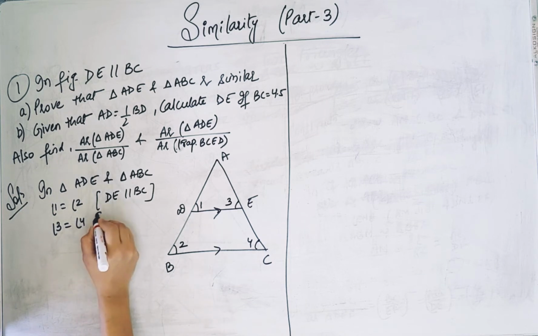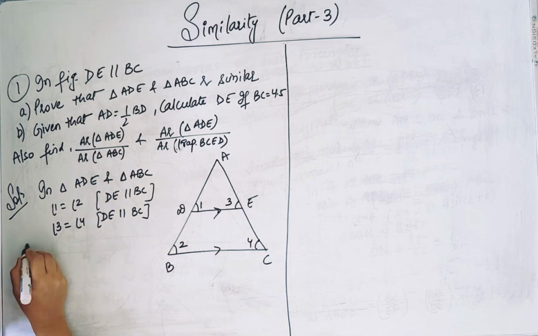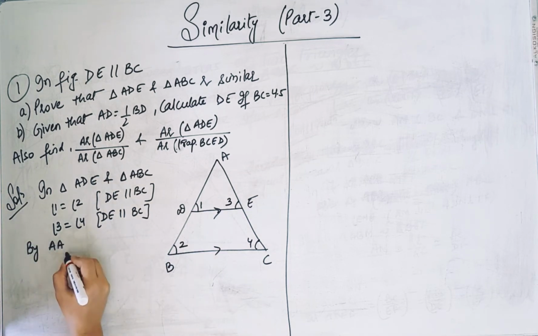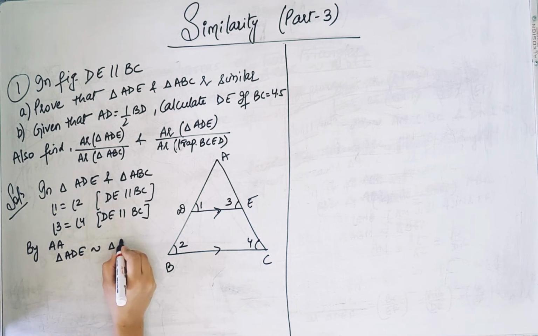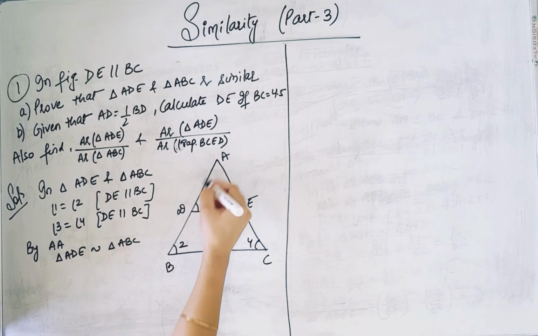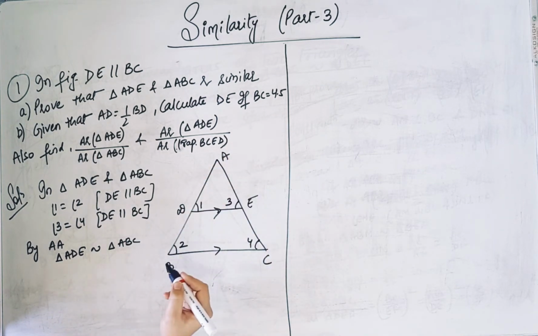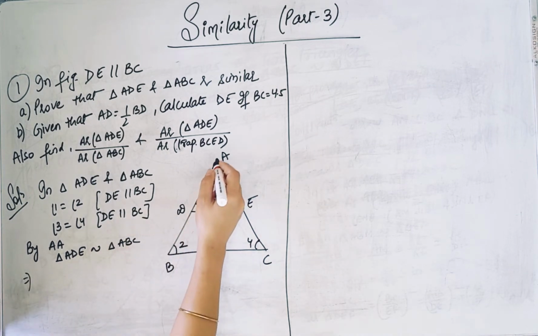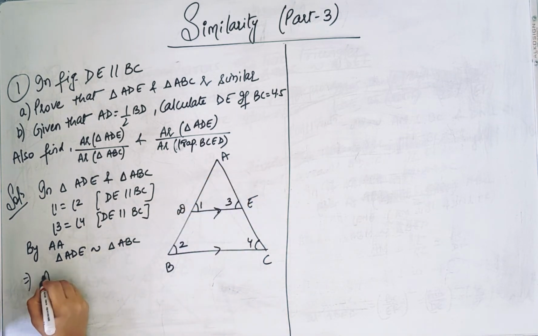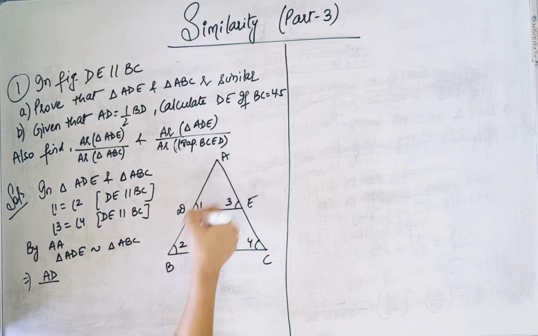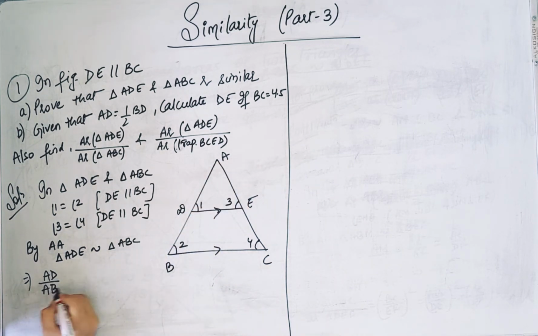Angle 3 is equal to angle 4. Again, why? DE is parallel to BC. So by AA similarity, triangle ADE will be similar to what? Triangle ABC. ADE, छोटा triangle, is similar to the big triangle. So accordingly, we can write small triangle का side is AD and big triangle का side is AB. So AD by AB will be equal to DE by BC.